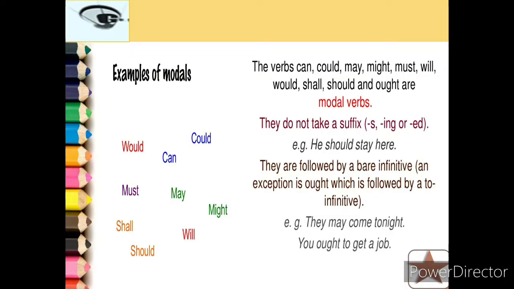Would, could, can, must, may, might, shall, should, will. All these are examples of modals. These verbs, can, could, may, might, must, will, would, shall, should, and ought, are modal verbs.